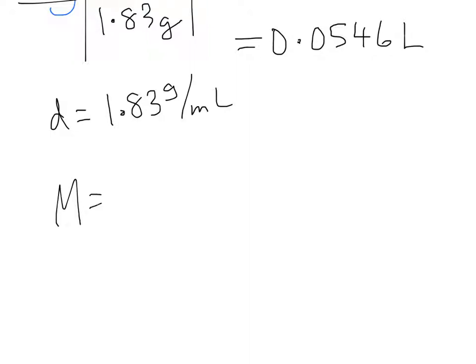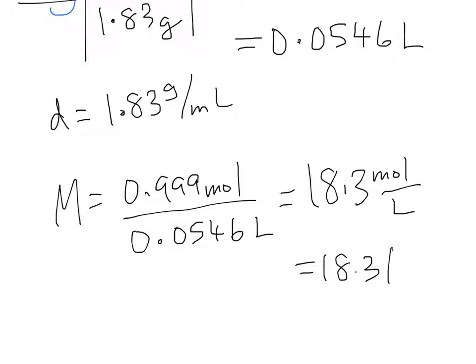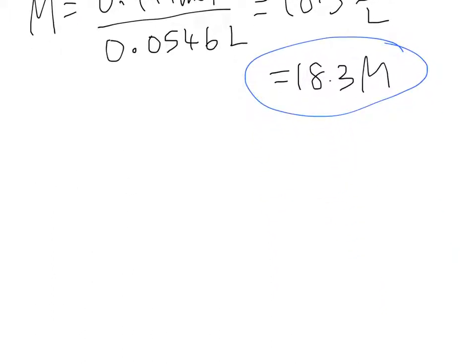So now the molar concentration is the number of moles, which we calculated above, over the number of liters. And it's going to be a pretty large number, right? I get 18.3 moles per liter, or of course 18.3 capital M. And that's one of those numbers that all chemists know.